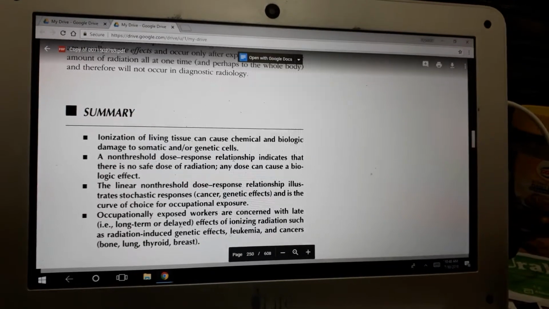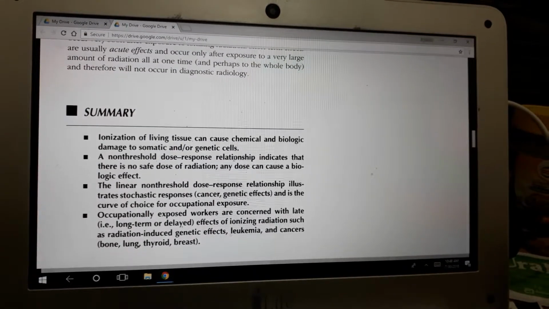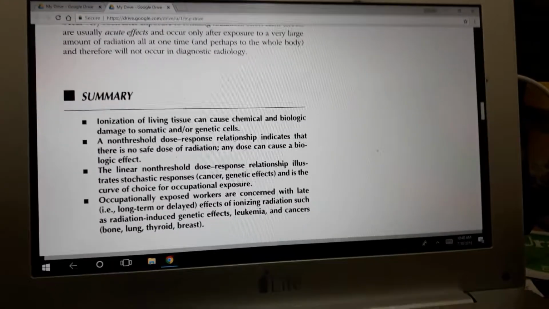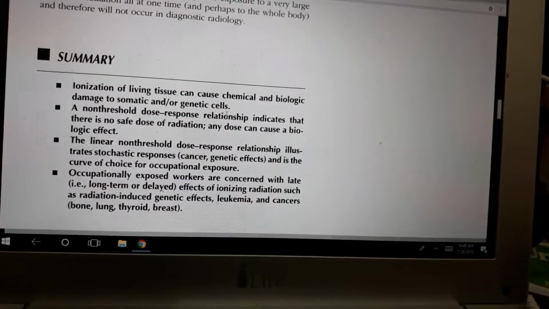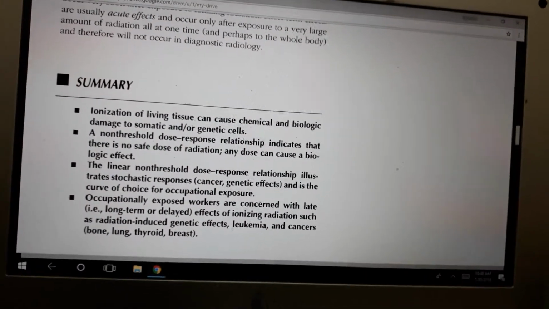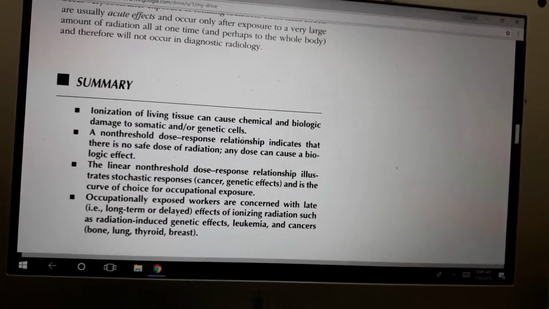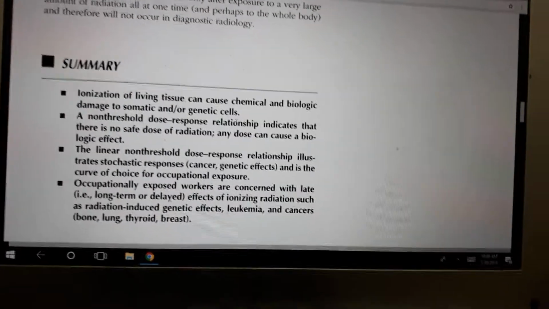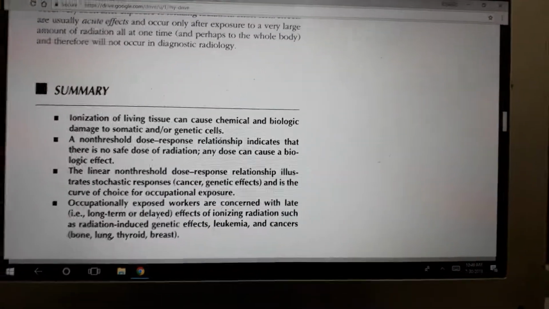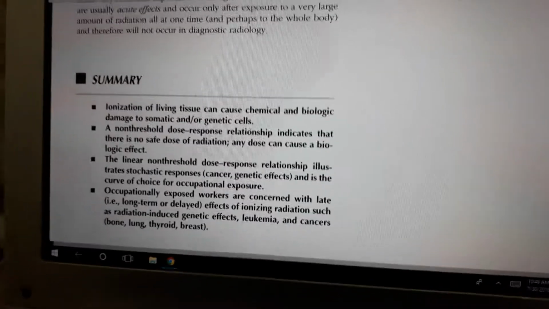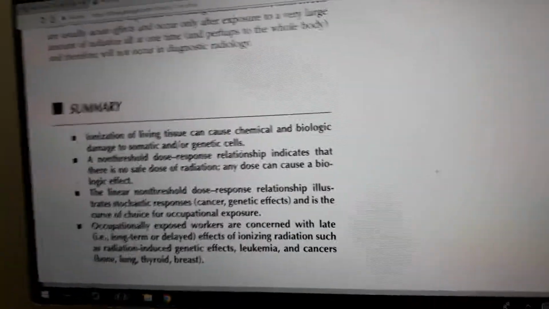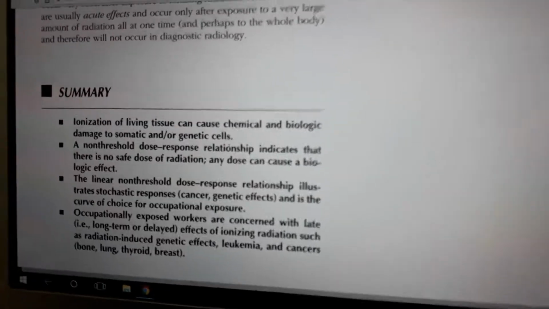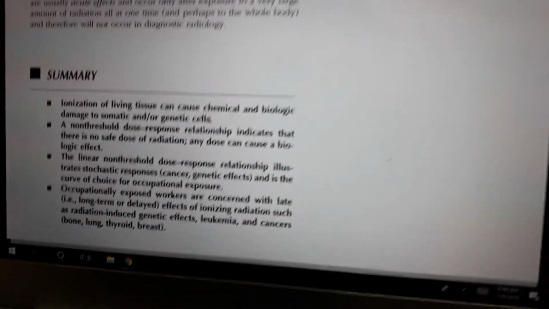The ionization of living tissue can cause chemical and biological damage to the somatic and genetic cells. A non-threshold response relationship indicates that there is no safe dose of radiation.